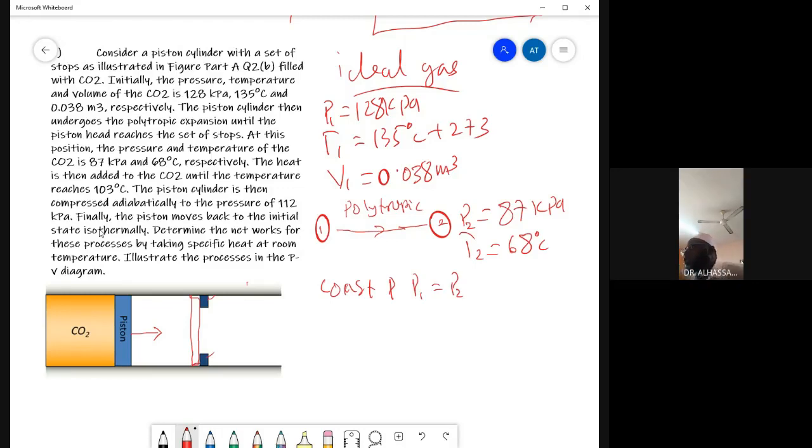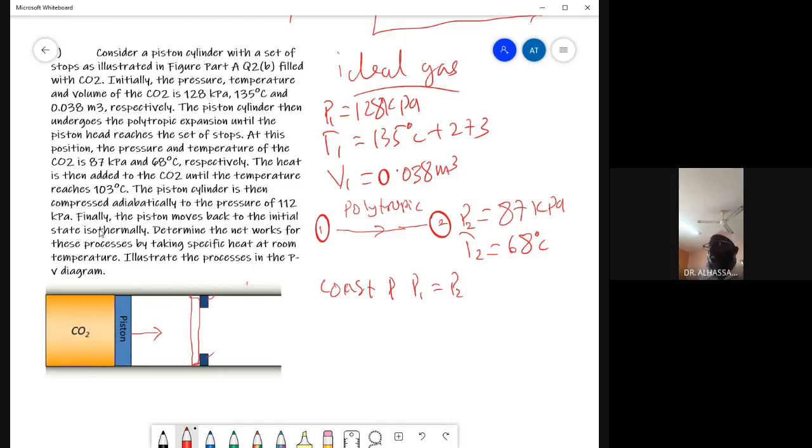So it is a polytropic process, in which the pressure changes. That's why we are told that P2 equals 87 kilopascal and T2 equals 68 degrees Celsius. So it is not isothermal either.